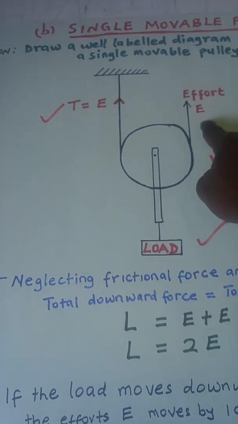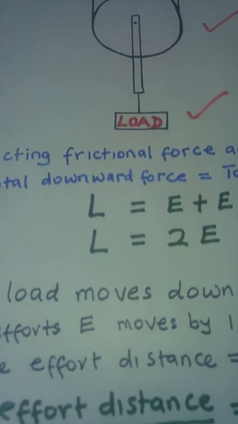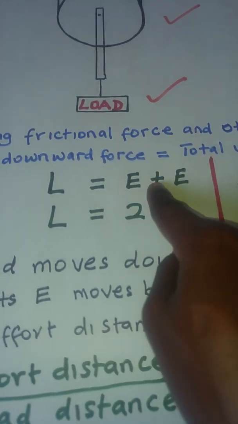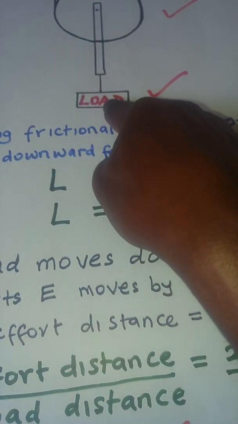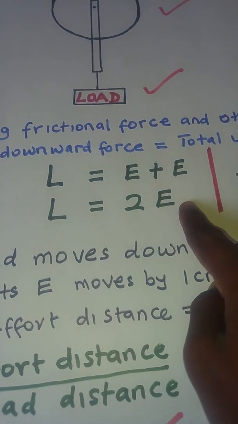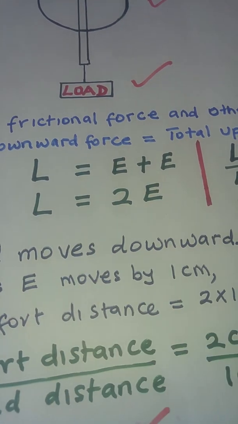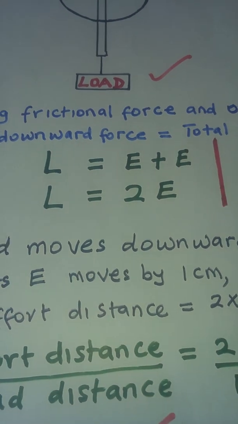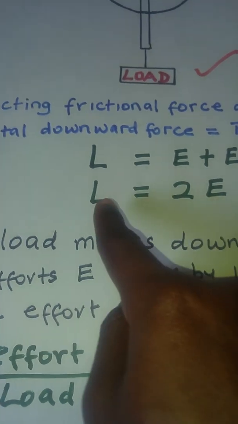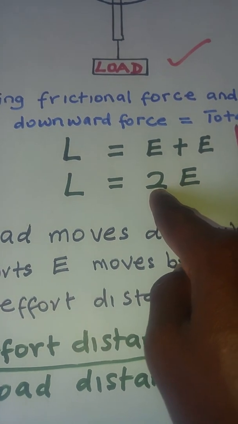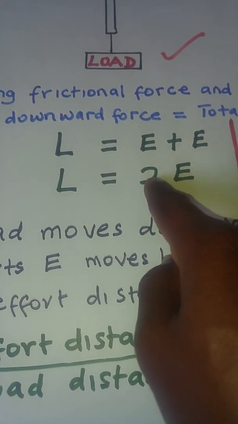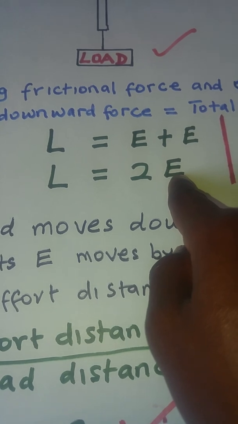There is E, there is E. So the total upward force is E plus E, which is 2E. So our load is going to balance with the 2E. So if the load is the same as 2E, we collect the like terms. The like terms here are the letters L and E. Then we leave the number alone. So 2E means 2 times E. You see?